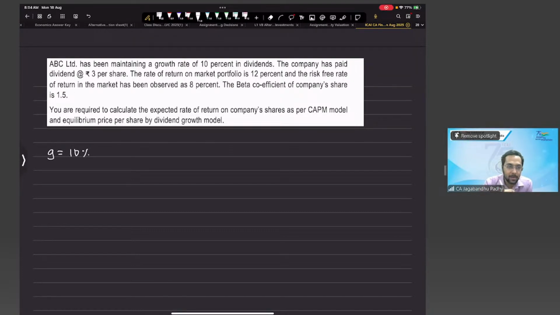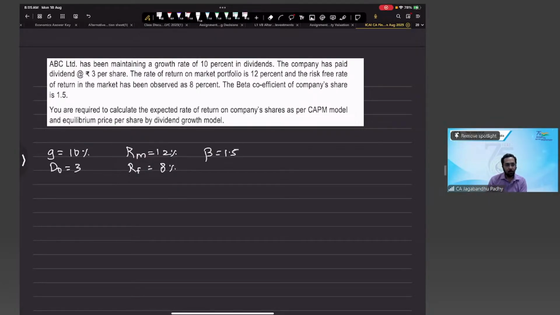Can I spell this D0? The rate of return on market portfolio, so we have RM as 12% and RF as 8%. You have the beta coefficient as 1.5.